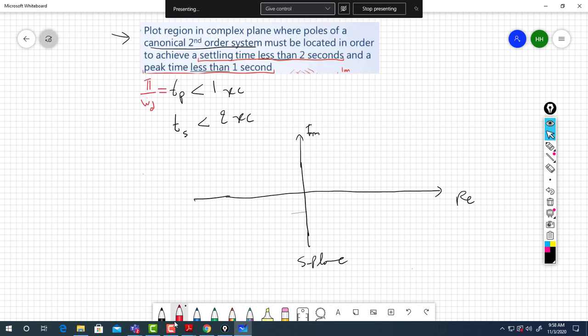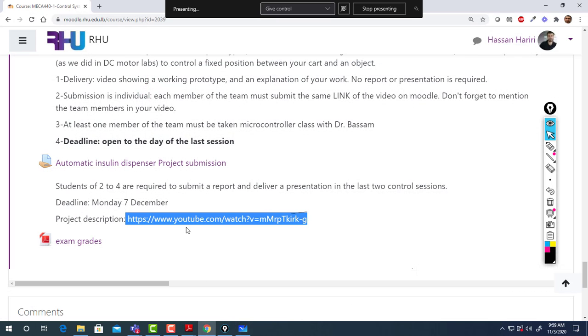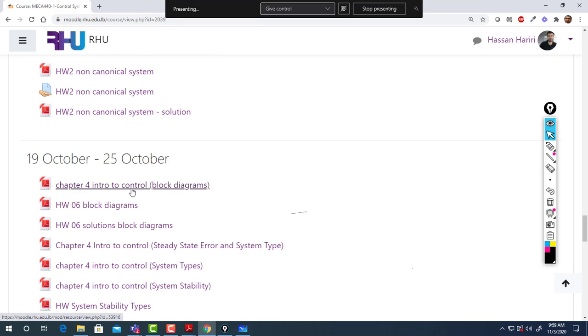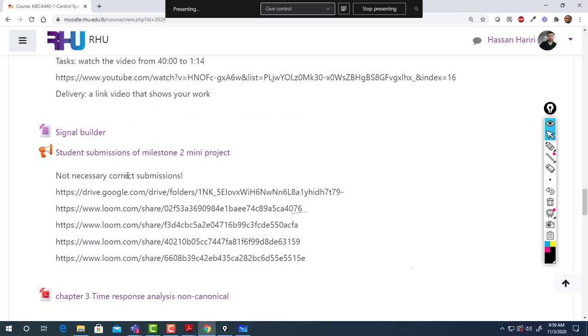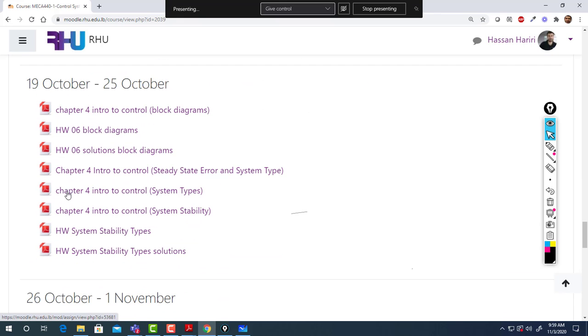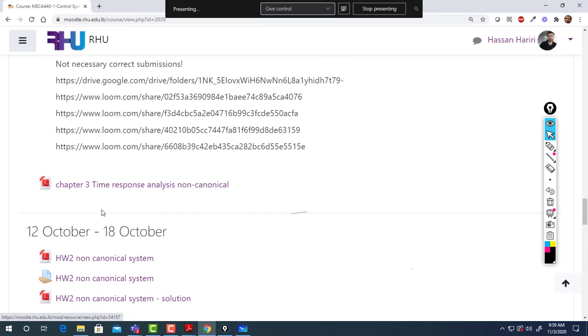Then it means omega d is more than pi, right? So where is omega d on the imaginary axis? That's omega d. I'm using the reference sheet sometimes for you, if you wish.